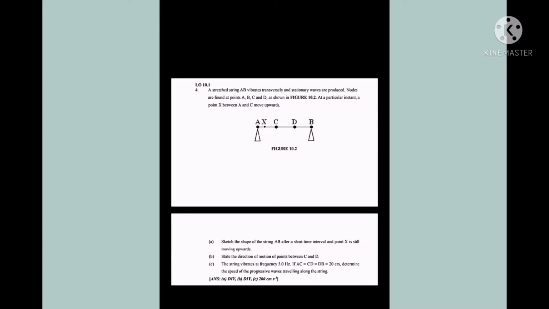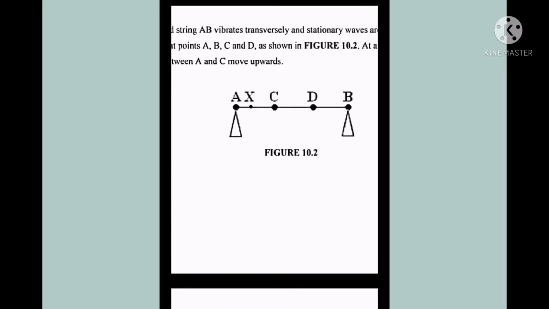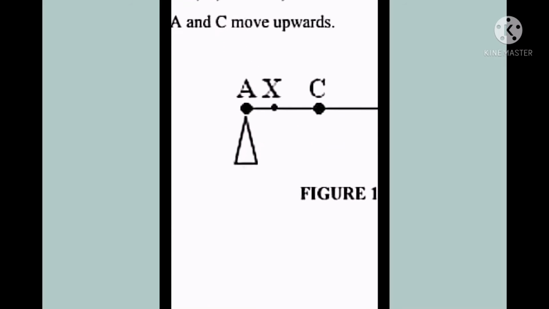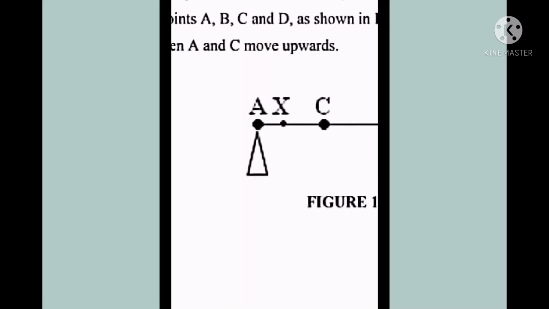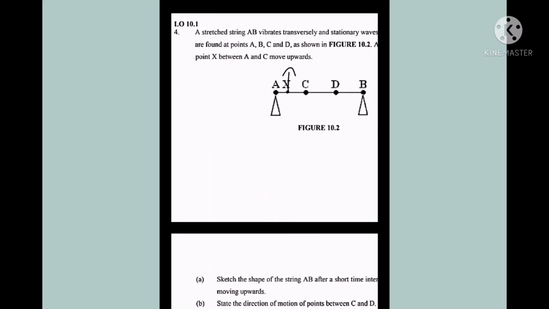Okay, Bismillahirrahmanirrahim. Okay, for question 10.1, question 4. A stretched string AB vibrates transversely and a stationary wave is produced. Nodes are found at points A, B, C, and D, shown in figure 10.2. At a particular instant, a point X between A and C moves upwards.